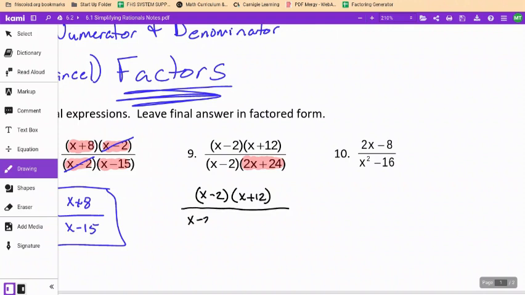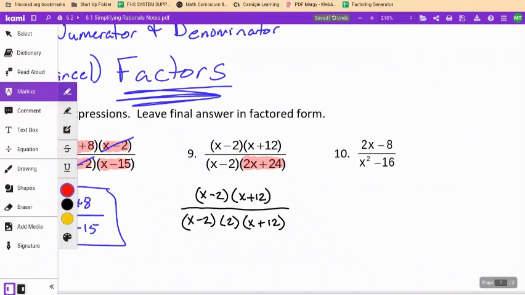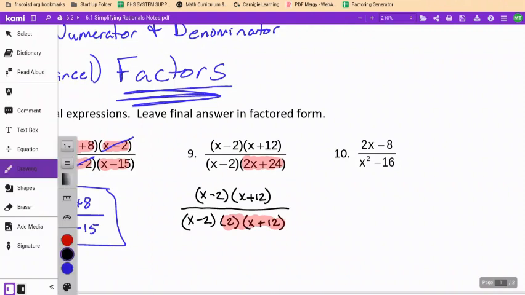Then I had x minus 2 in the denominator, and I can pull out another 2 out of the highlighted expression I just had, and this gives me 2 times x plus 12. So this turned into these 2 factors. I need to make sure that I have factored completely before I start simplifying. And now I can start simplifying.